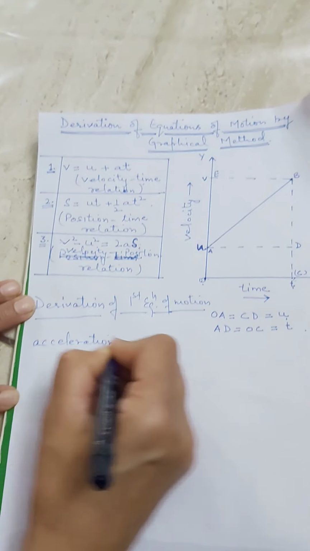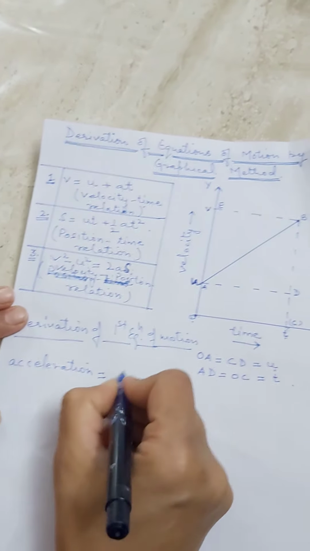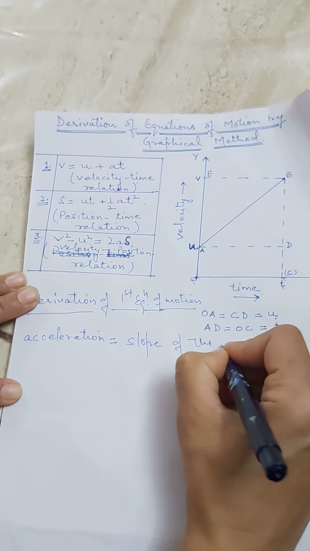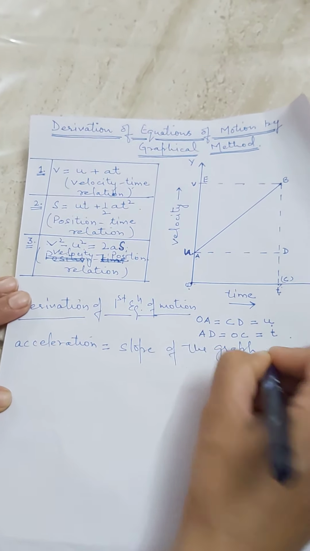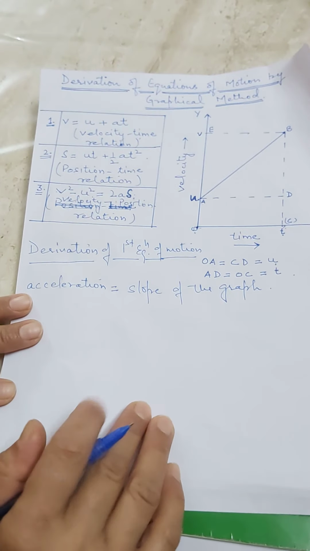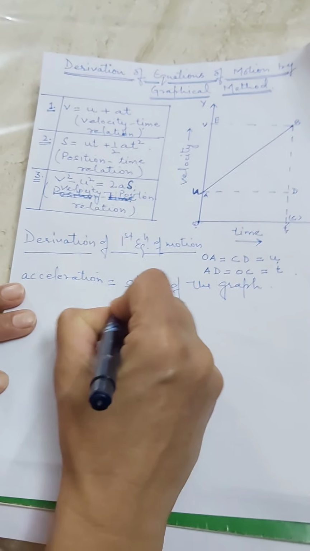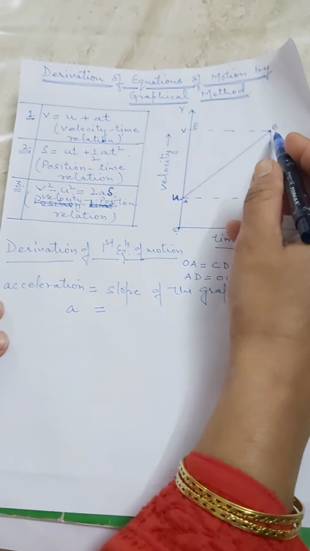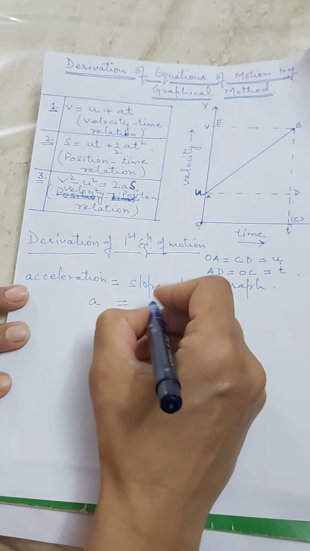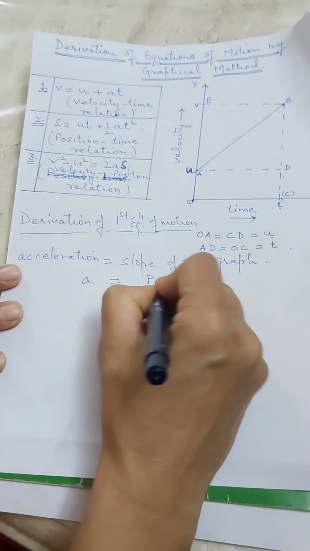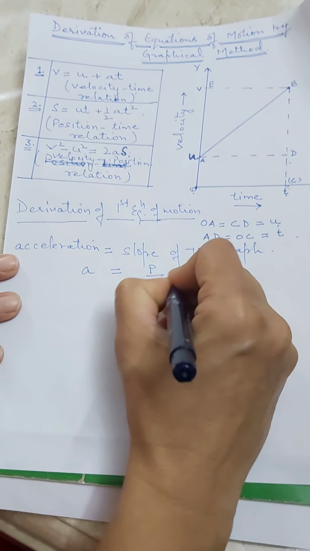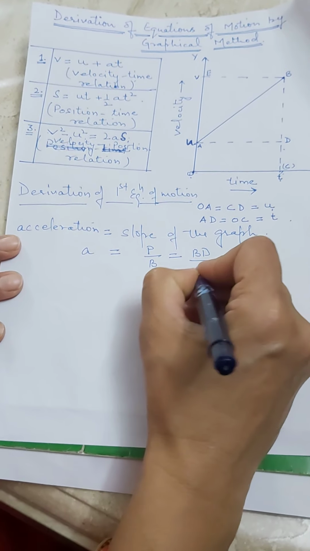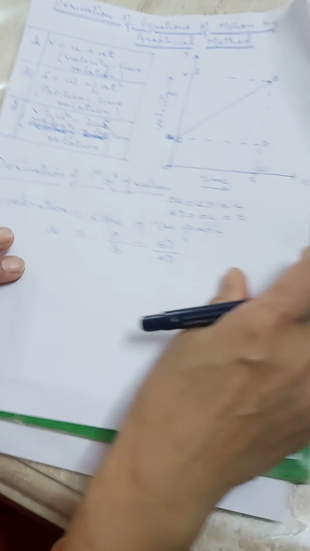In the last video you have learnt acceleration is equal to slope of the graph. Slope of the graph is equal to tangent theta, that is equal to perpendicular upon base of the triangle ABD, that is equal to BD upon AD.